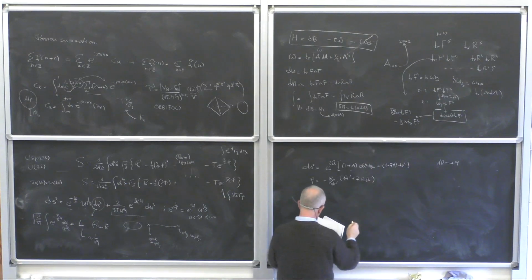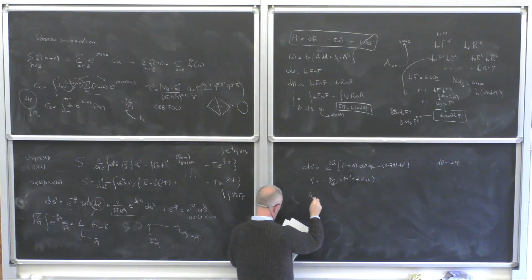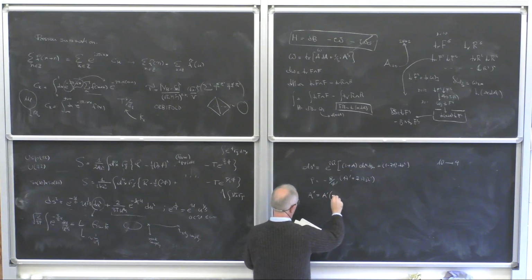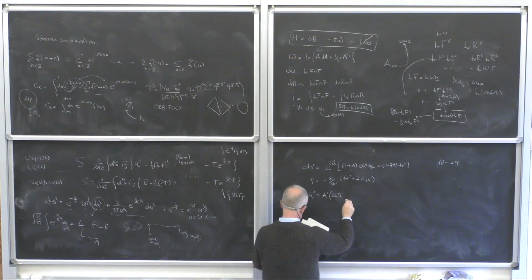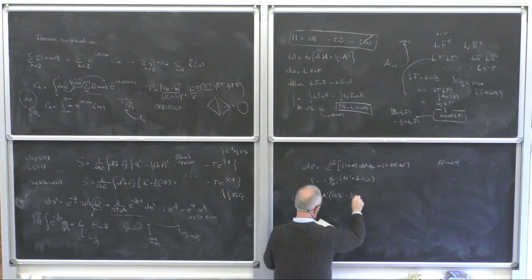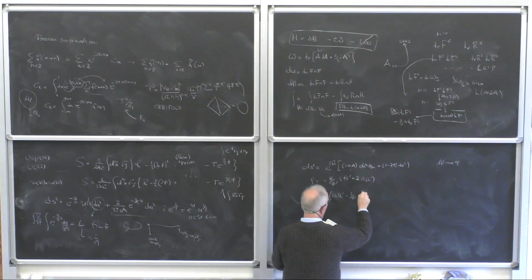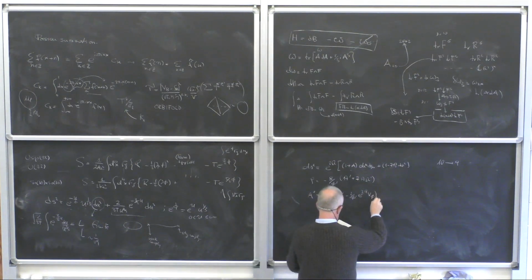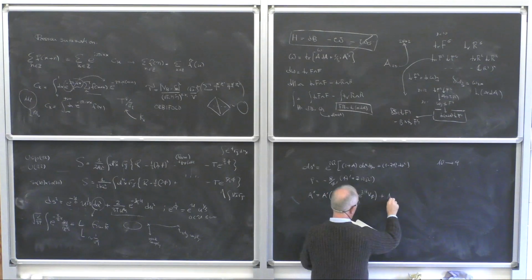Now, the important thing is you get an equation for A, the scalar perturbation, which looks like this. So it's rather unfriendly.